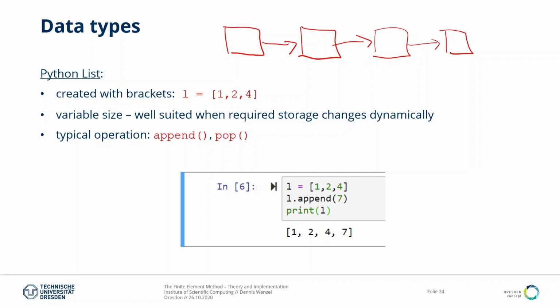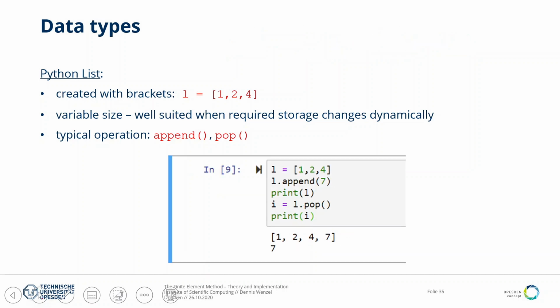Okay, see here a few lines of code. I've created a list with the elements 1, 2, and 4. Then I have executed the append statement with the number 7 and printed the contents, and little surprisingly, I have 1, 2, 4, 7 here. Of course, pop can also be done.